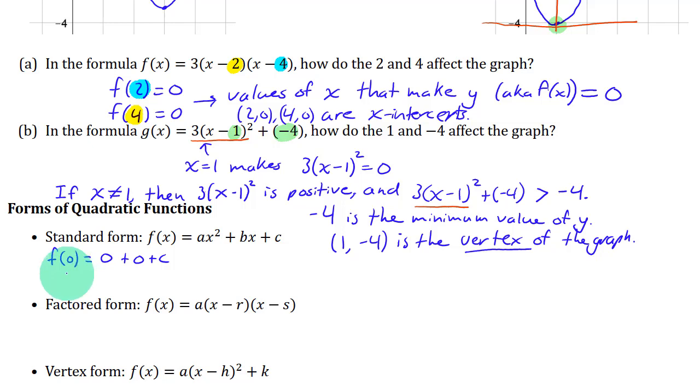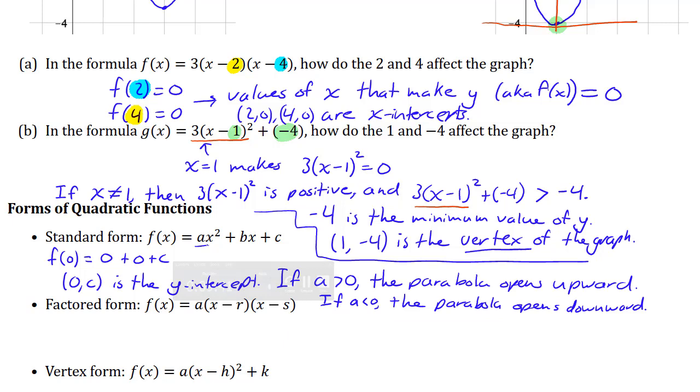So this has the point (0, c) on the graph, which is the y-intercept. And we also went over in 3.1 that if a is positive, the graph opens upwards. If a is negative, the graph opens downwards. There was an explanation for why that is in the 3.1 videos.